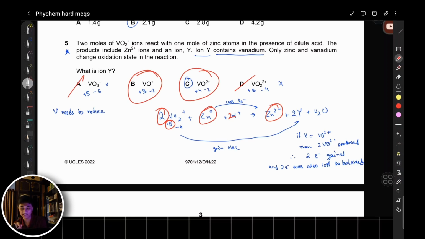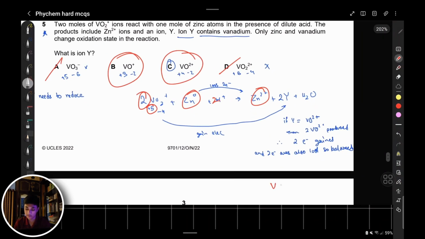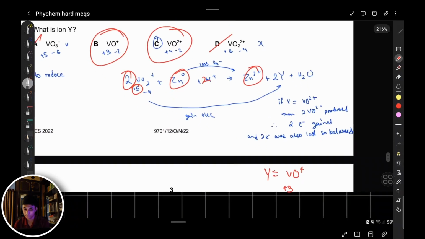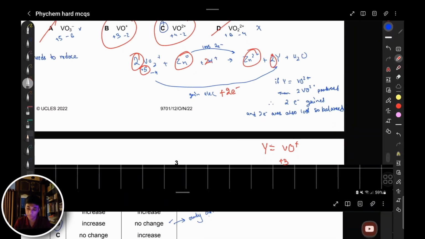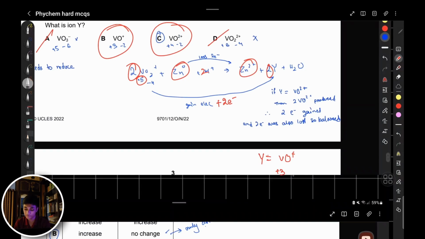If you plug B in for Y, if Y was VO plus, here vanadium has a plus 3. And since there are 2 moles of Y, you would be gaining a total of 4 electrons.